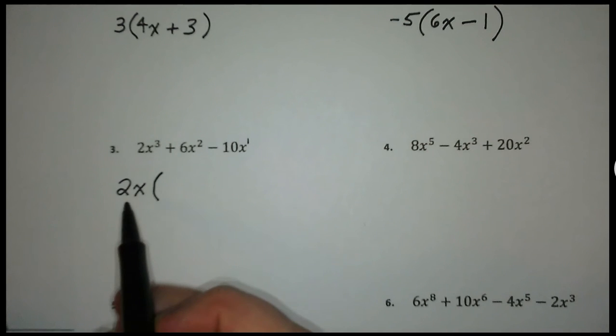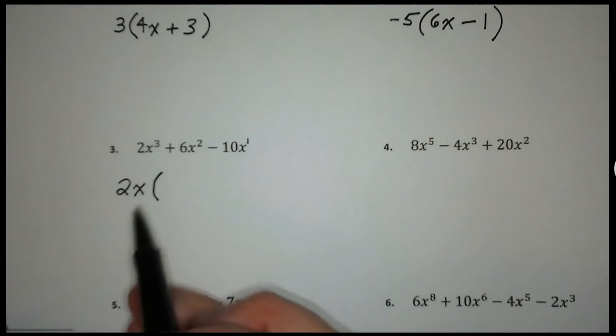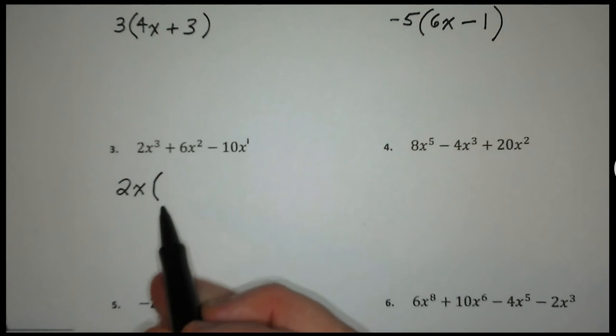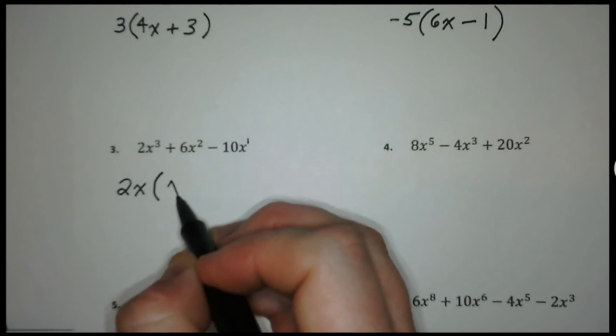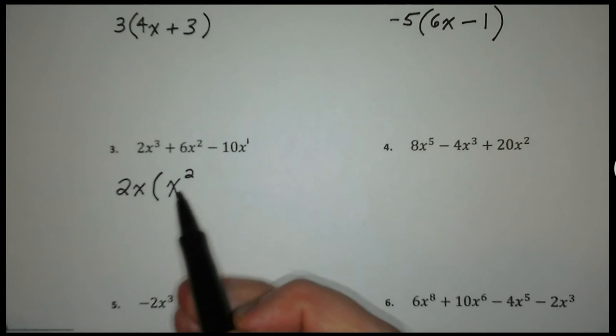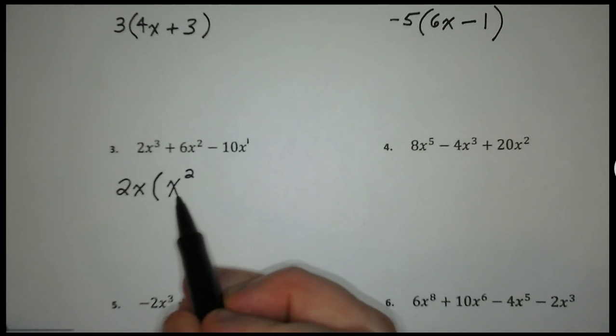When you divide 2x away from 2x cubed, you're left with 1, because when you divide 2 away from 2, you're left with 1. And when you divide the x away from x cubed, you're left with x squared. In other words, 2x times what would get you 2x to the third, and that's x squared.